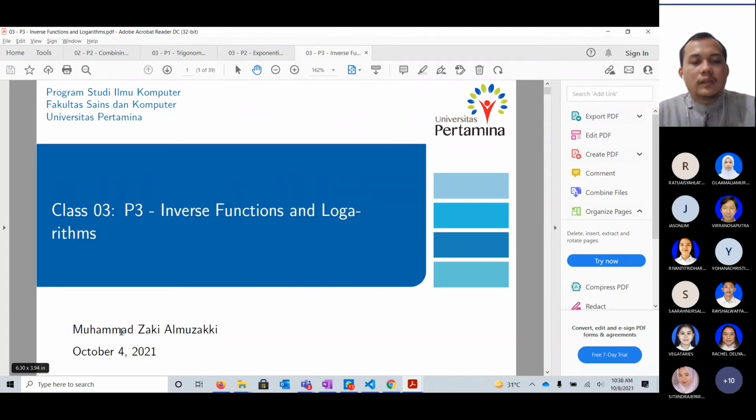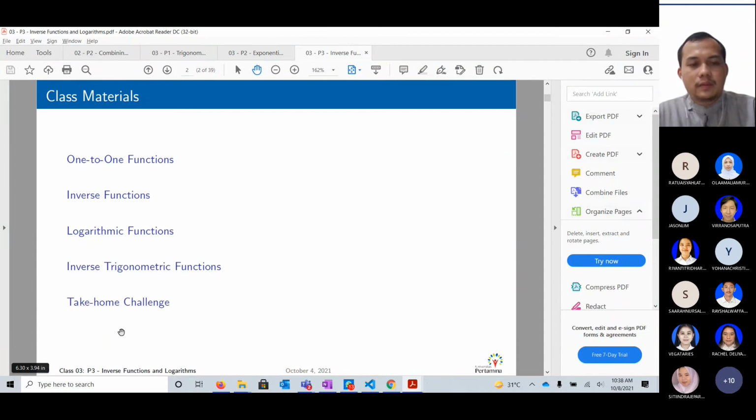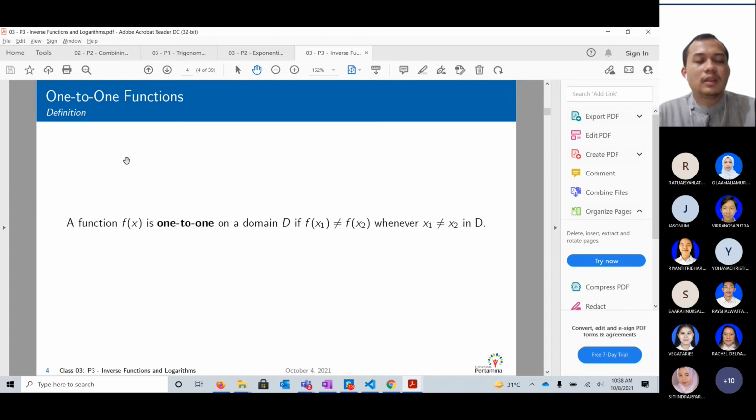So the third part is about inverse function and logarithm, and I think I can go a little bit fast in the inverse function, logarithmic function, and inverse trigonometric function, but not for the first one. So please pay more attention to this first part.